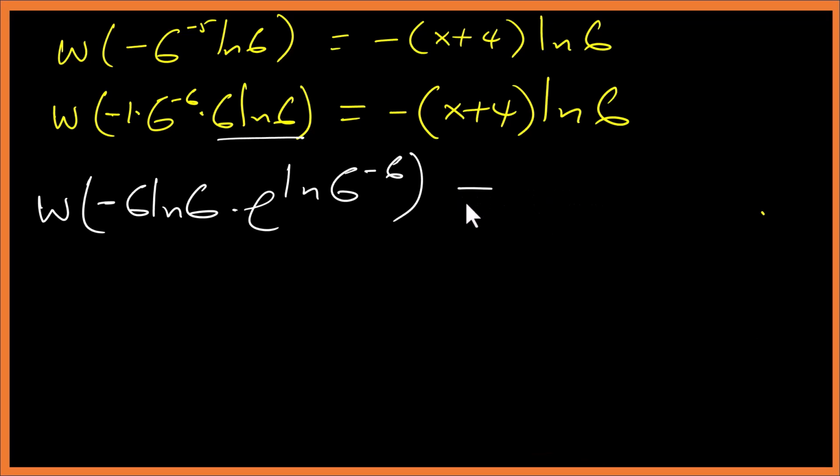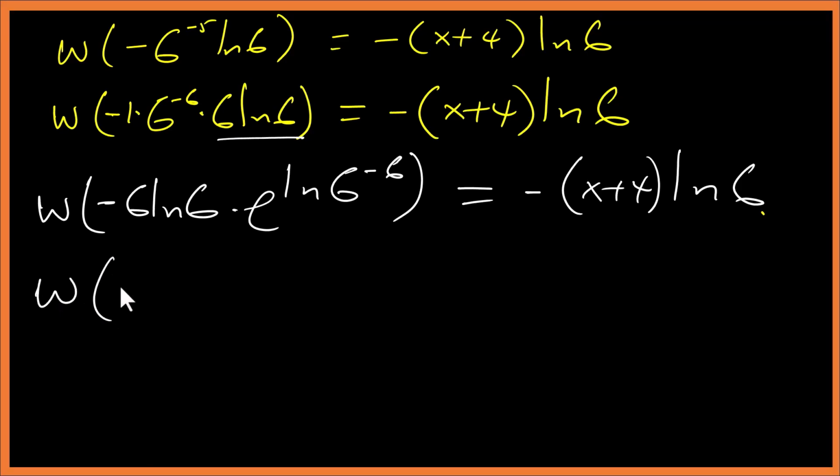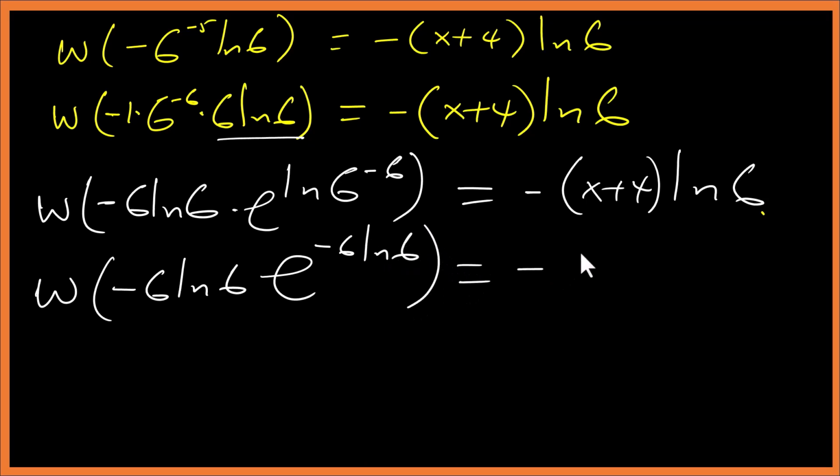So we have minus x plus 4 ln of 6. Let's go ahead and write this one as minus 6 ln of 6. This is a power rule, the same as e raised to minus 6 ln of 6, because minus x plus 4 ln of 6. Remember the rule, this equals that.